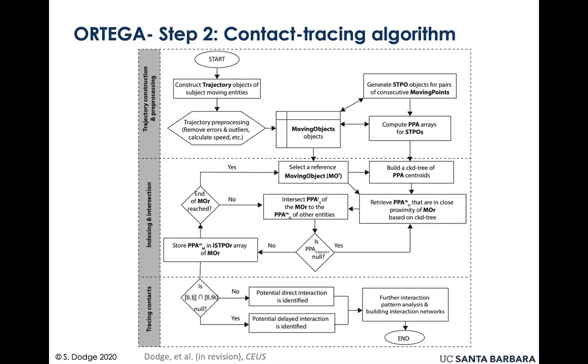So we don't intersect the PPAs that are very far apart from each other in space and time. Then using these algorithms, between each two individuals we look for contacts, and we store them in their intersected PPAs. Then based on whatever the application or contact tracing needs are, you can return to the history of the interactions and return direct and indirect interactions at the last step.